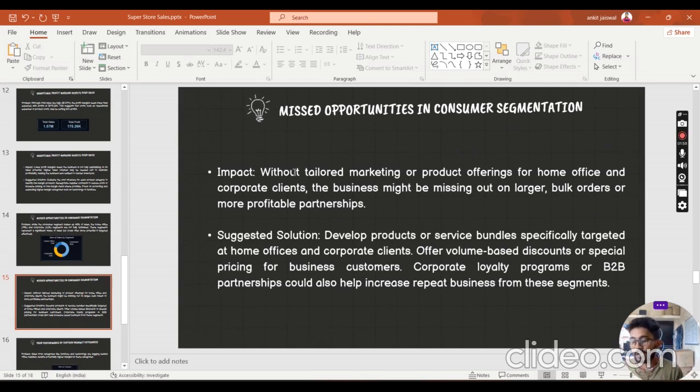Similarly, a bundle could be made for home offices. This will increase my volume and also my revenue. And as revenue increases, if we take all things into account, my gross profit margin will also increase and we will generate more revenue and profit. Corporate loyalty programs or B2B partnerships could be done for this repetitive business.